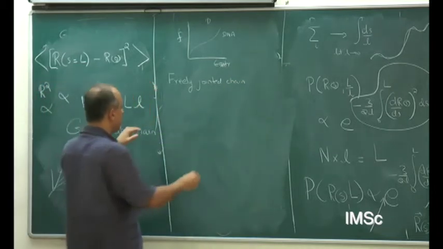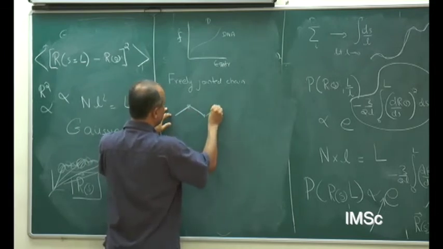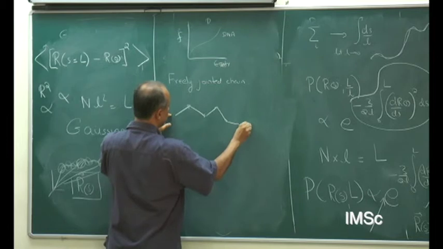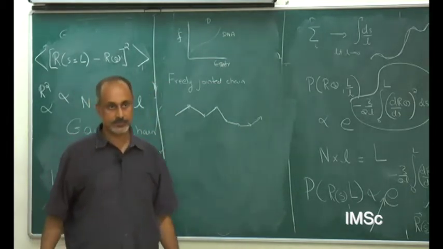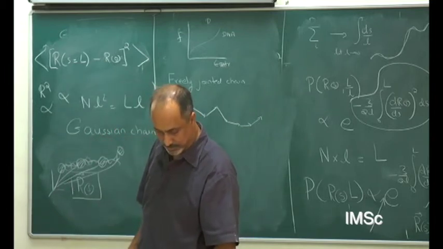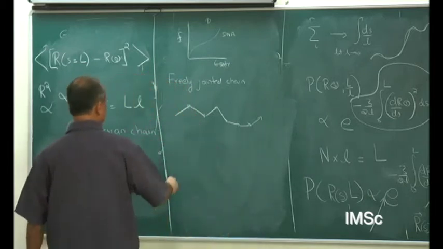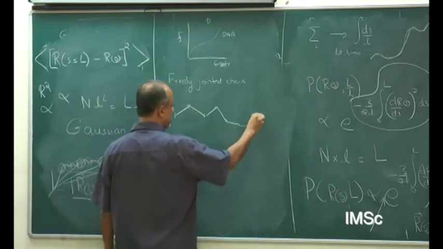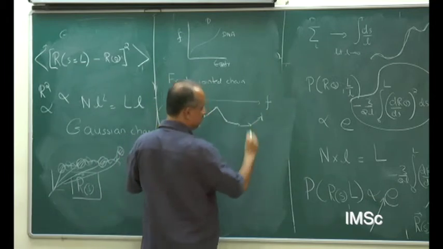In this model, I imagine that the polymer sequence is just a sequence of vectors like this, all of which have the same length. Okay? So this is now a discrete model again, not a continuum model. But now I have fixed length segments between here and here, and I apply a uniform force in this direction.